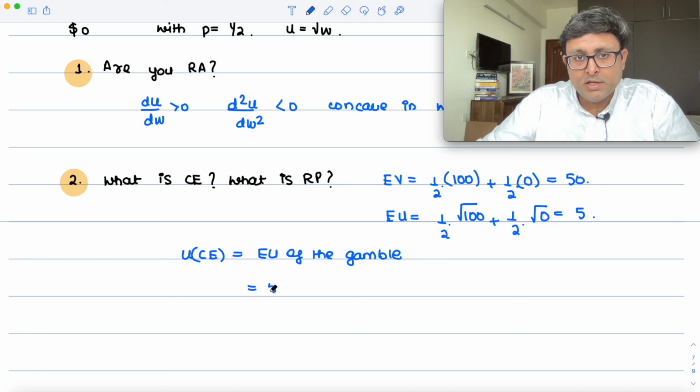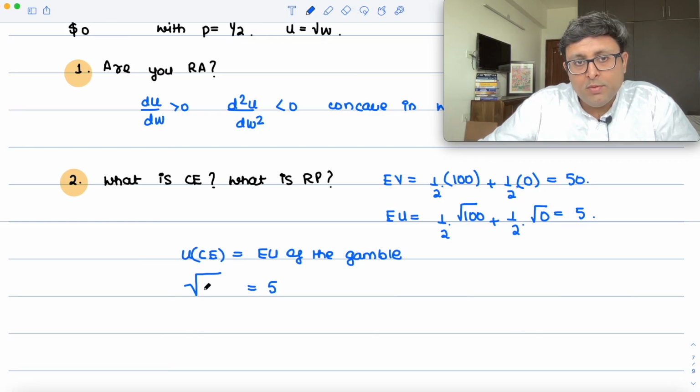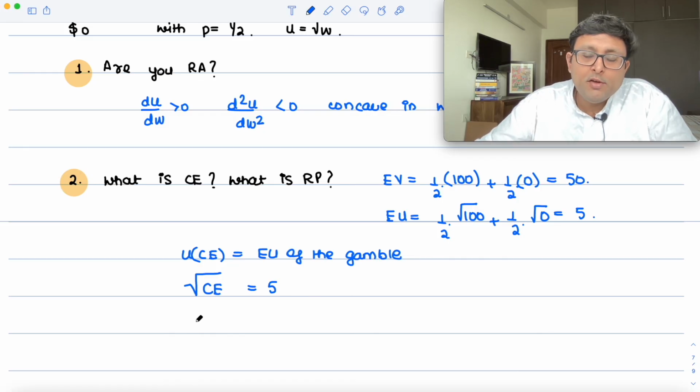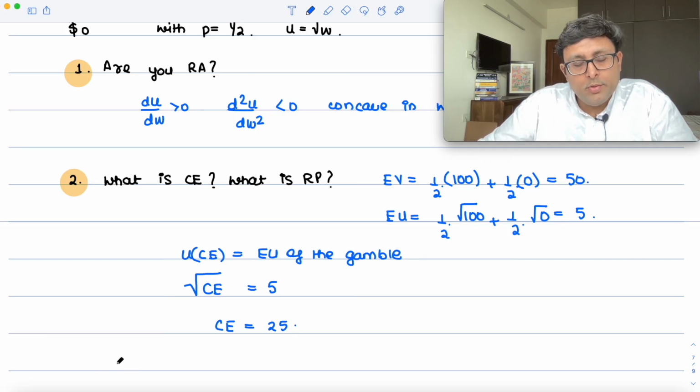Beta, what is the expected utility of the gamble? 5. And what is the utility function? Root of W. So in place of W, if I put C, I'll get the value for C now. 25. Right? C is what? 25.